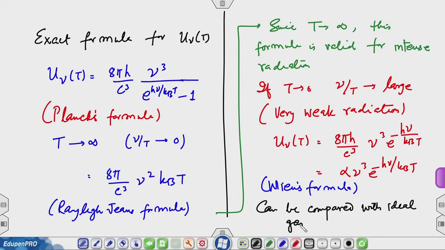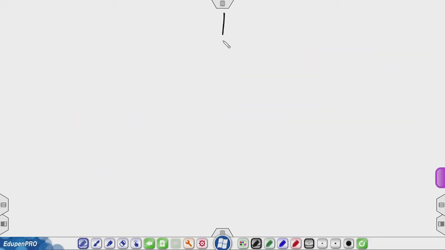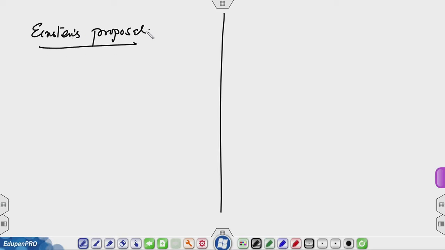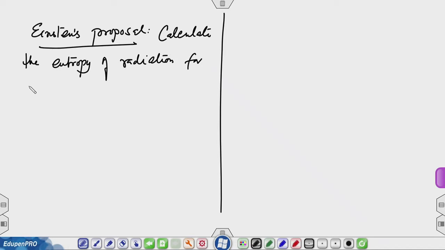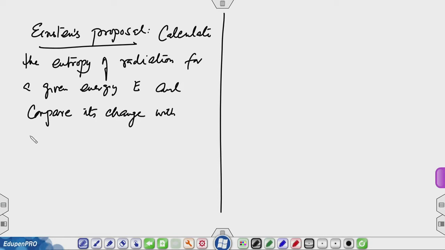Now, what does Einstein do? Einstein's program is to calculate the entropy of radiation for a given energy E and compare its change with volume with that for an ideal gas.